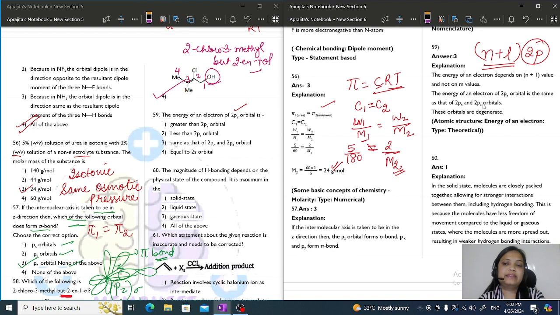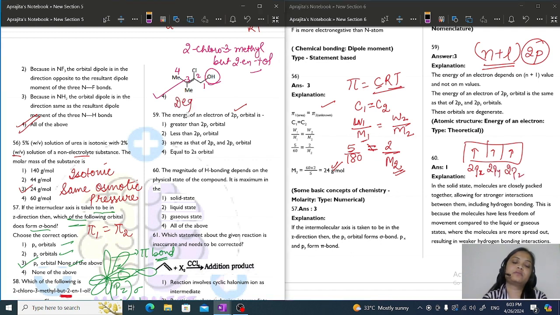So in that case, all the electrons present in 2px, 2py or 2pz orbital are going to have the same energy. So they are known as degenerate orbitals because they have the same energy. Because the energy will not depend on the m values, it will depend on n and l.